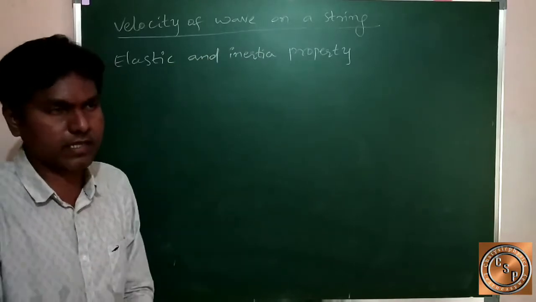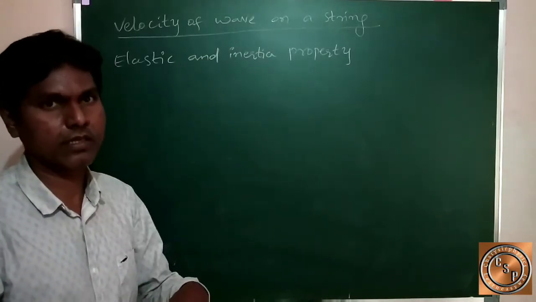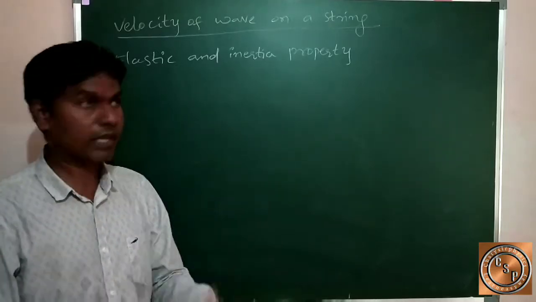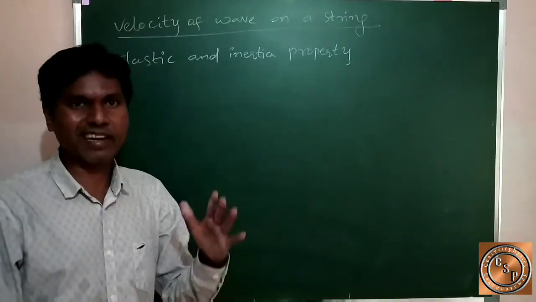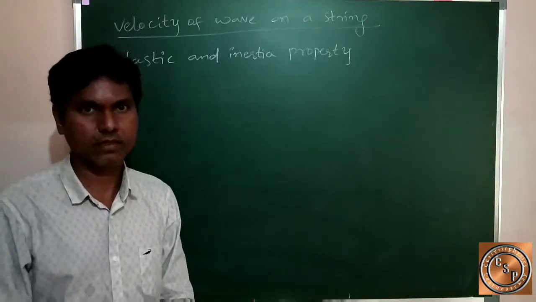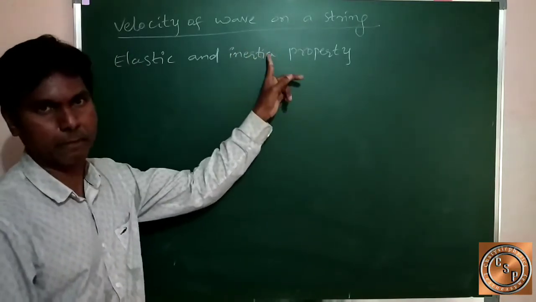When the string is disturbed, it exerts an extra force on the neighboring part because of the elastic property. The neighboring part's response to that force depends on the inertia property.